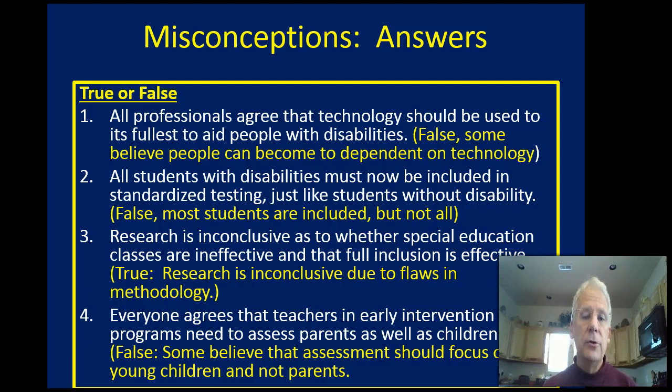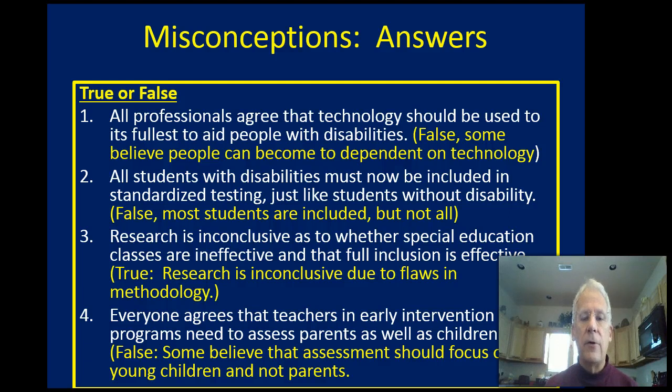Now, many people do. Technology has helped students in many wonderful ways, but small groups of experts believe that somebody with special needs could become too dependent on technology and not be able to be independent enough. Number 2, all students with disabilities must now be included in standardized testing, just like students without disabilities.